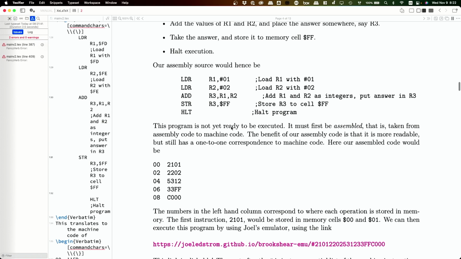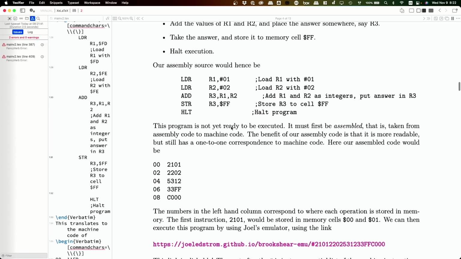Yes, $ instead of hashtag. And what's the other difference? Instead of 01, what did the other instruction have? FD.